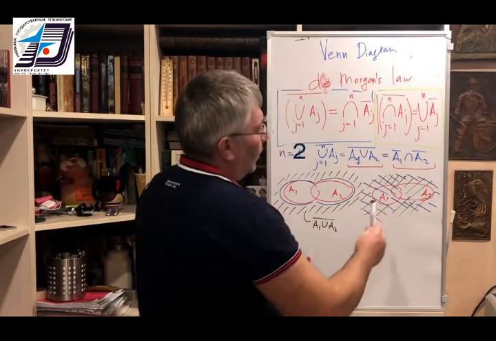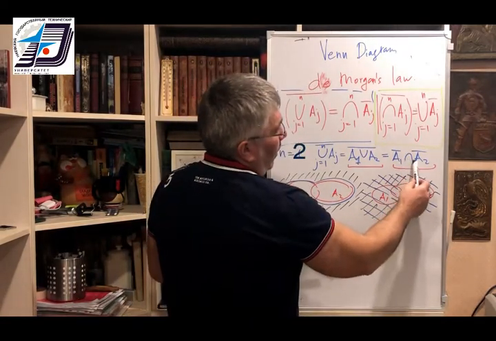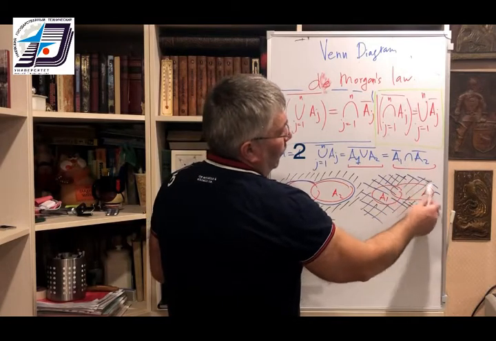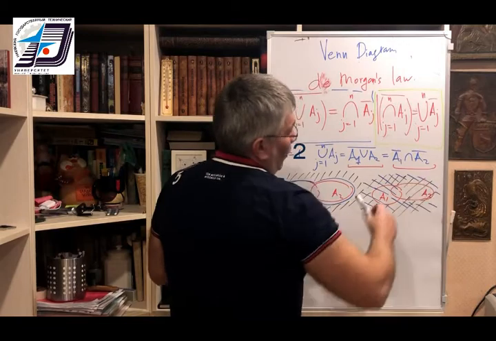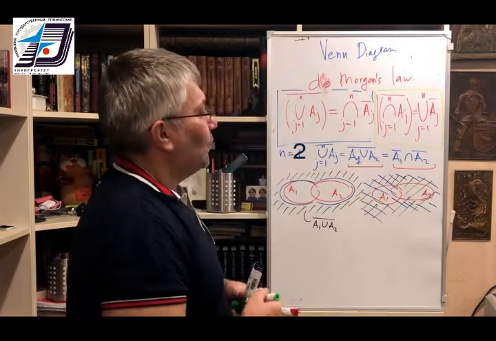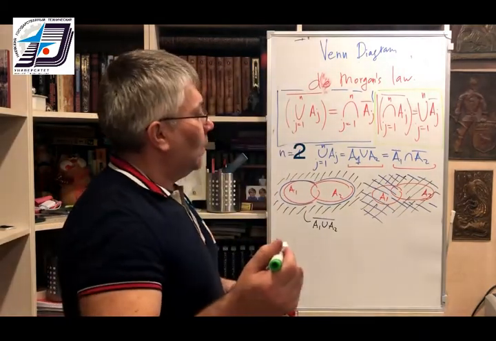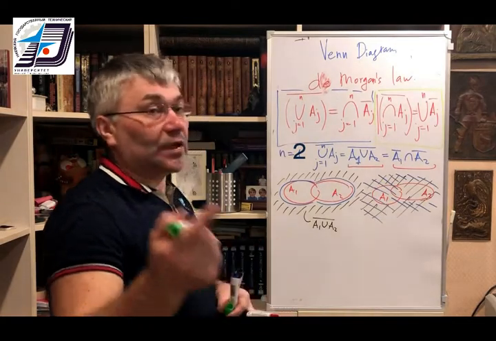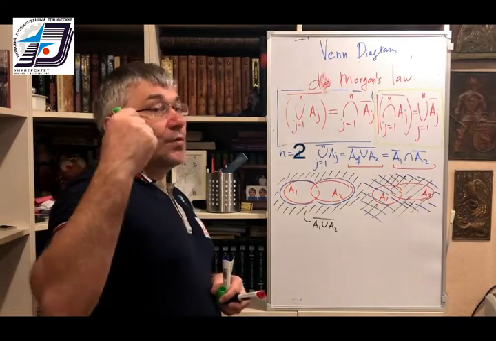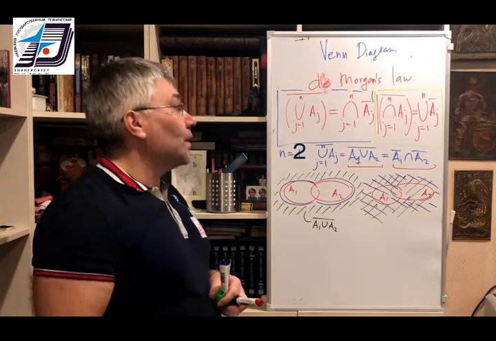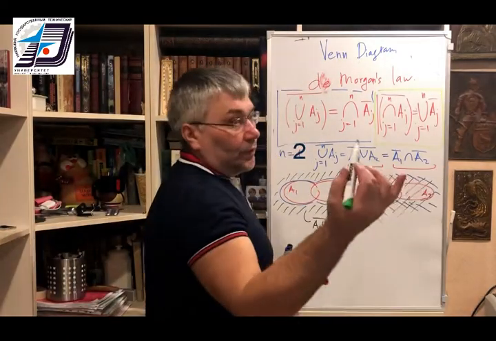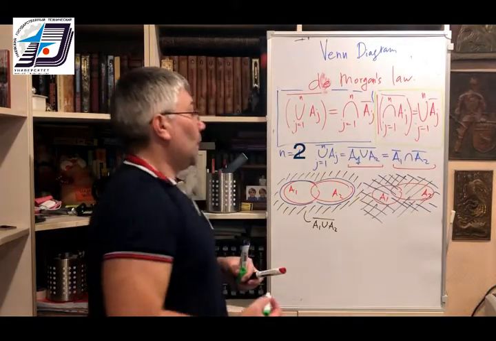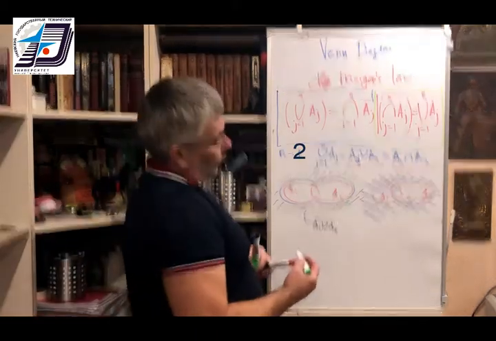And what about the operation for the blue shaded area and the black shaded area? It is the area which belongs simultaneously to the blue shaded area and to the black shaded area. I use green here, and what's the area here?